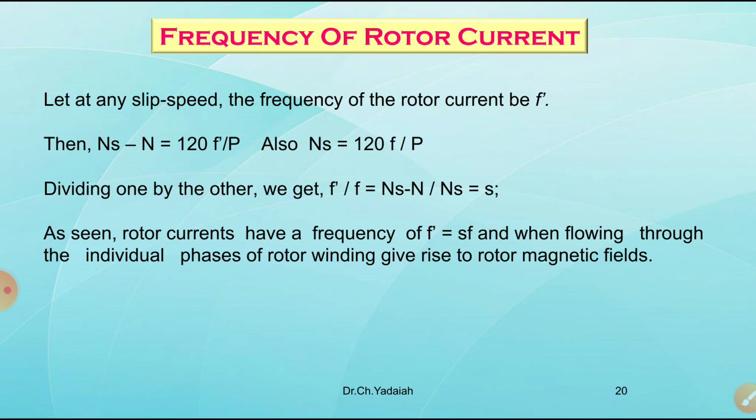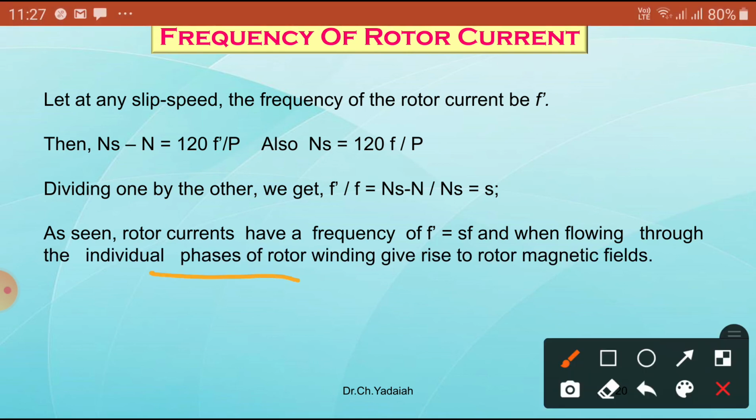So the R phase, Y phase, B phase of the rotor give rise to a resultant rotor magnetic field having the frequency F dash.